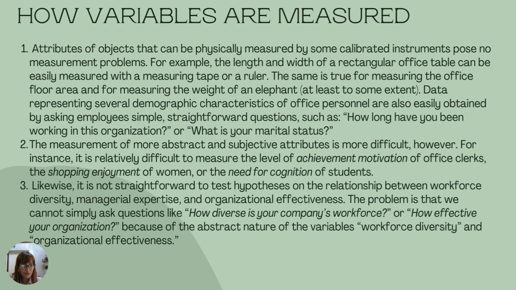Data representing several demographic characteristics of office personnel are also easily obtained by asking employees simple, straightforward questions such as, how long have you been working in this organization? Or what is your marital status? So these are easily measured attributes of objects.